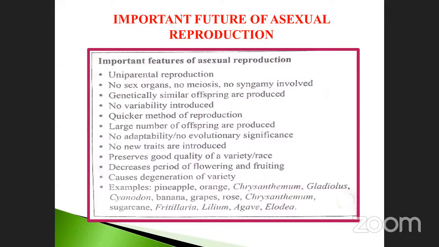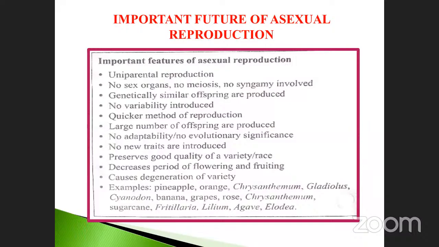It causes degeneration of variety, which is also another point. Examples: pineapple, orange, chrysanthemum, gladiolus, banana, grape, rose, sugarcane, and so on. There are many examples given in this point.